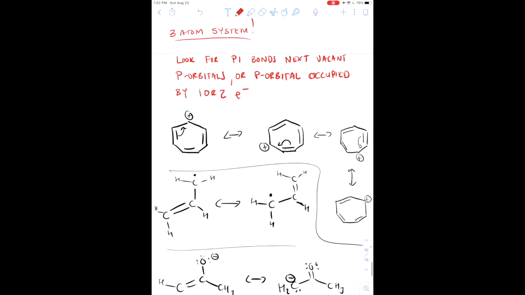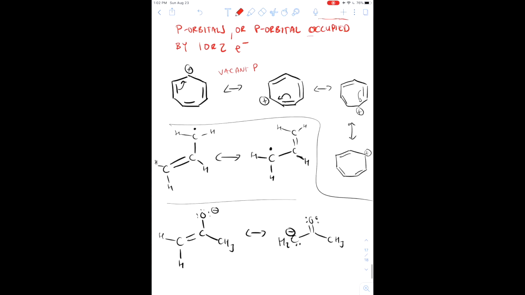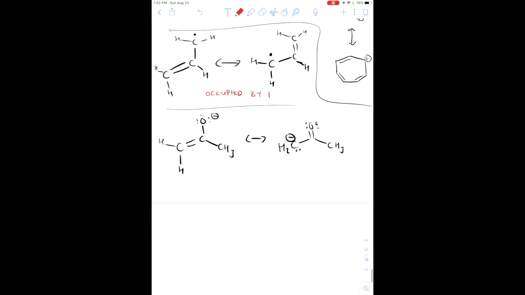And so we can form that resonance structure as well. These are just a few examples of how we can apply that rule for drawing resonance structures. And so again, just to summarize, the top one is a vacant p orbital, the middle one is occupied by 1, and the bottom one is occupied by 2.